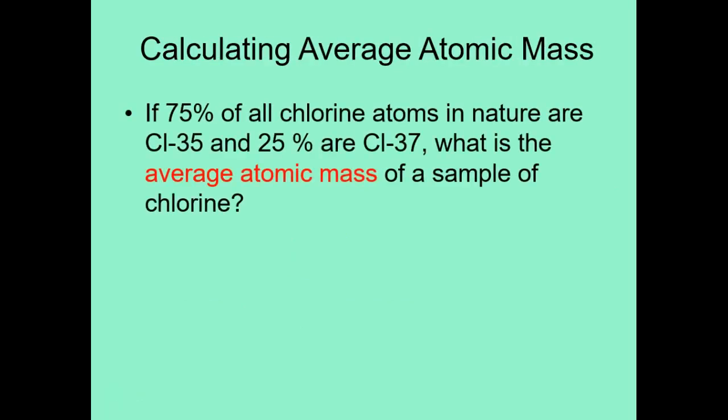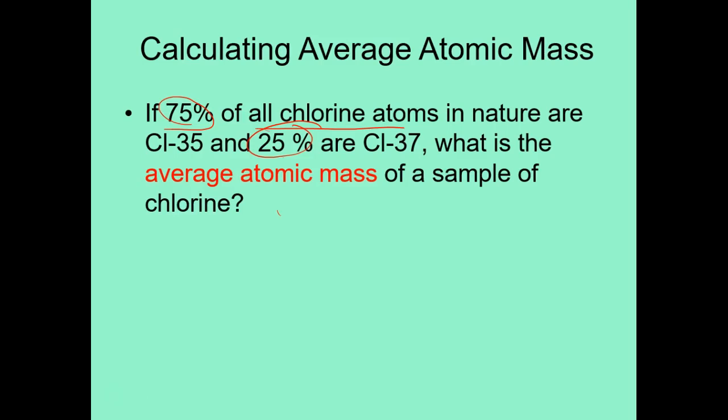Okay, so let's calculate atomic mass. Let's take those two isotopes, 35 and 37 of chlorine. In nature, 75% of all chlorine atoms would be chlorine 35, and 25% of it is going to be in the 37 isotope.